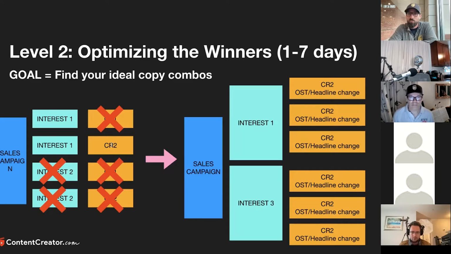We found out CR2 worked. So now what we're doing, this is another variation of it. So what we can do is take the same interest, right? Interest one again, the same CR2. And now what we're doing is we can change the on-screen text or the headline. And we can test that 3 different times.